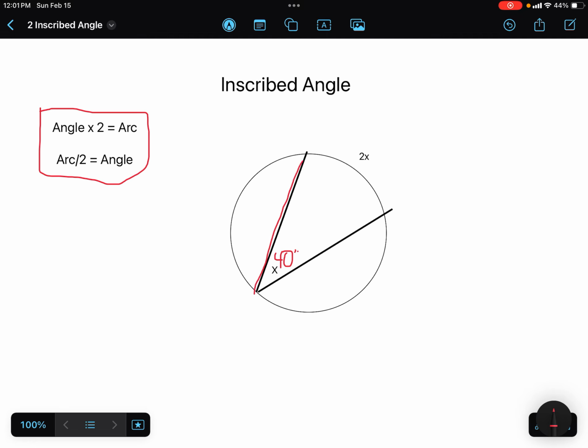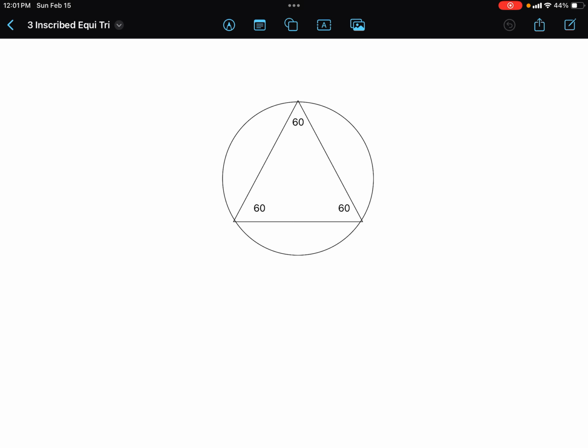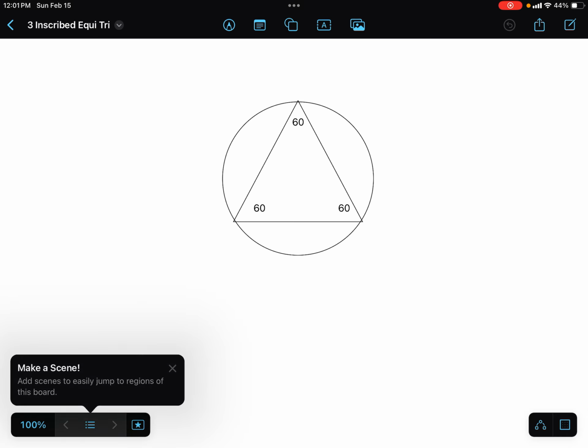We could follow that angle out to the intercepted arc, and that arc would then be 40 times 2, which is 80 degrees. We can actually prove that with this equilateral triangle that is inscribed in this circle.